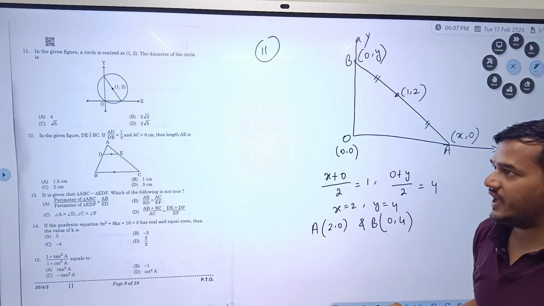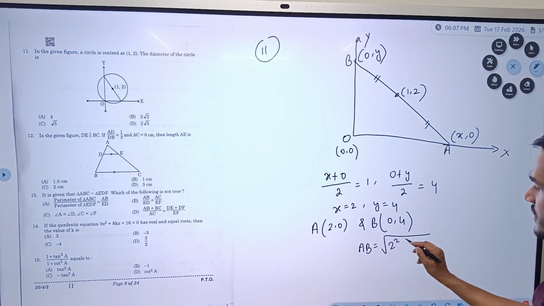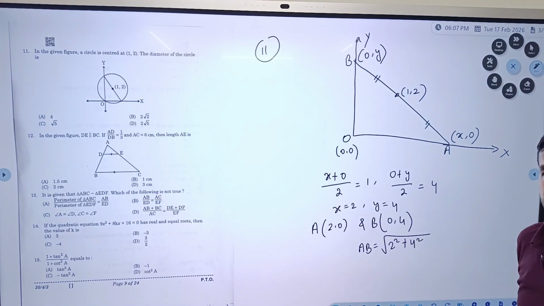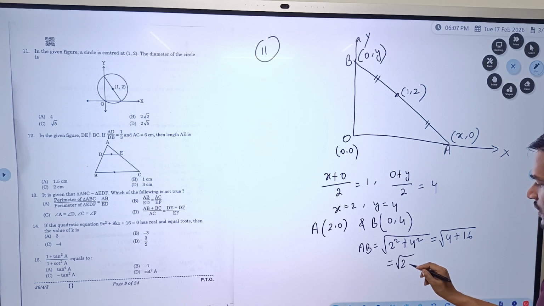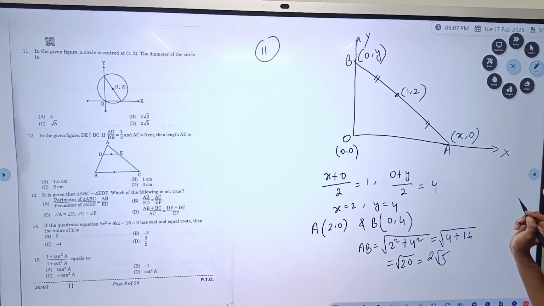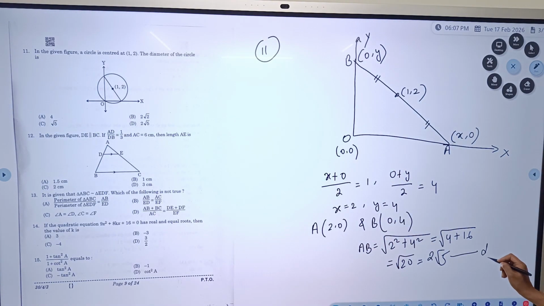And AB is the diameter. So AB is equal to root of 2 square plus 4 square, and this is equal to root of 4 plus 16, or root 20. This is equal to 2 root 5 unit. So option D. Question number 11, option D.